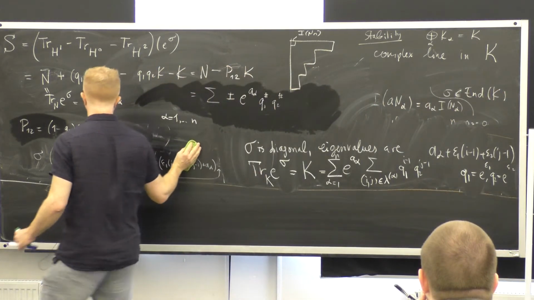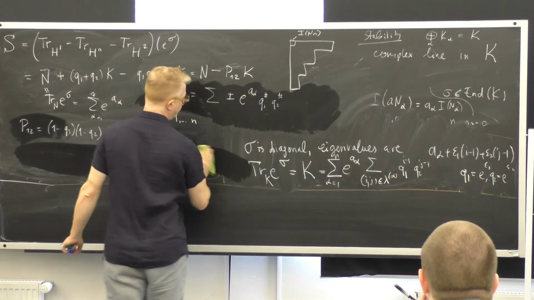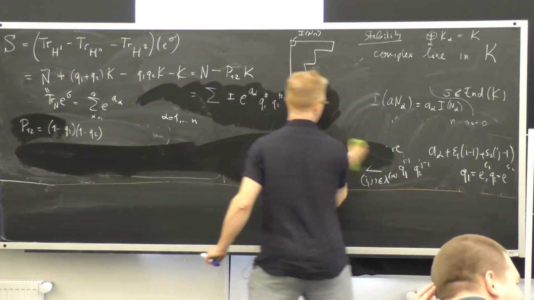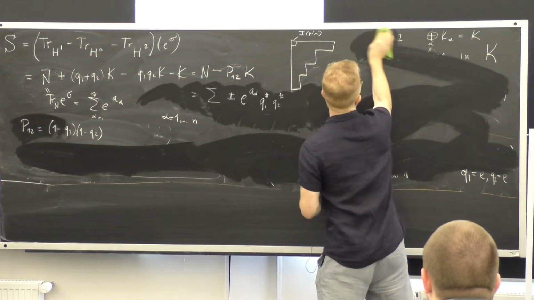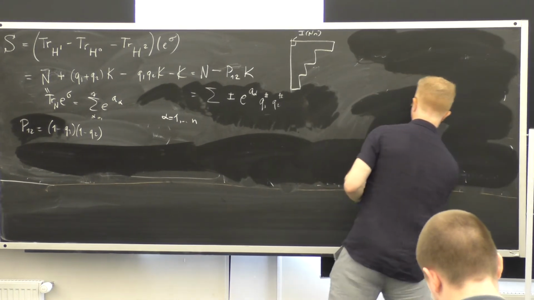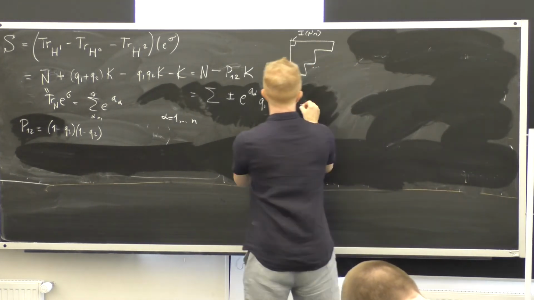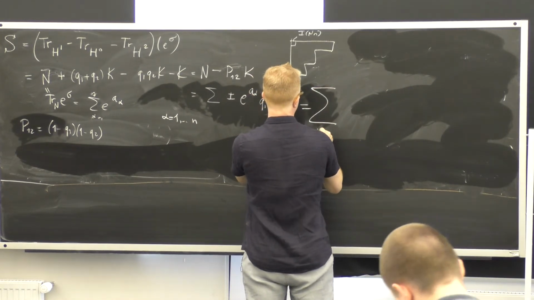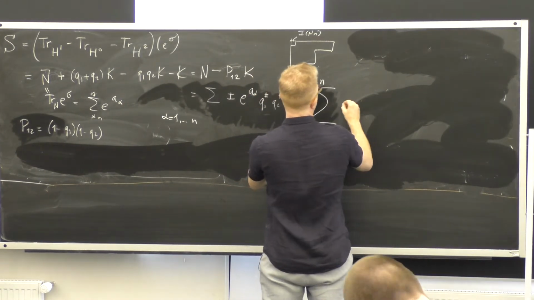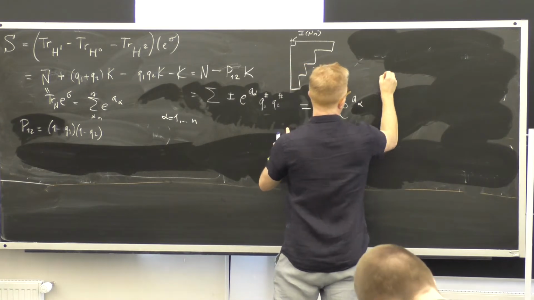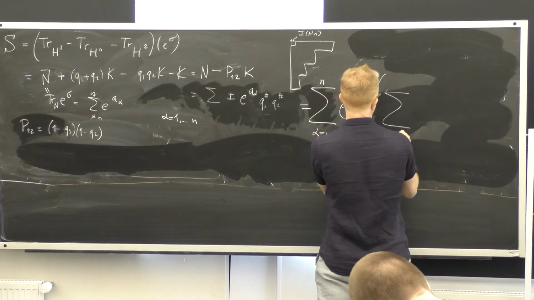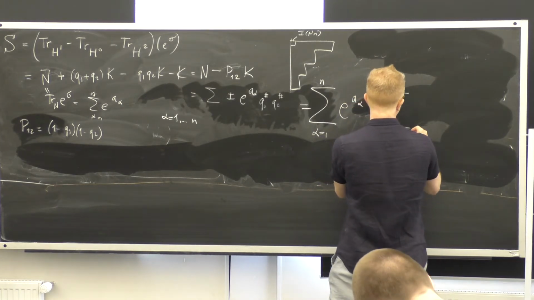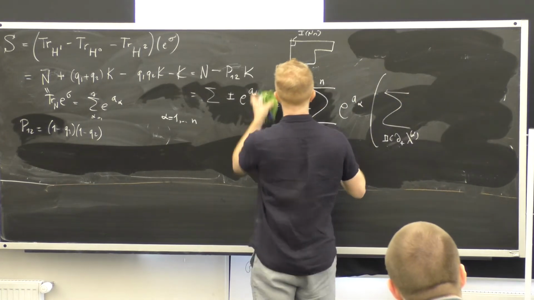And when you carry these cancellations out, you get the following beautiful picture. So this is equal to the sum over alpha, e to the A alpha, and then the sum over the boxes in the outer boundary of the partition lambda alpha.